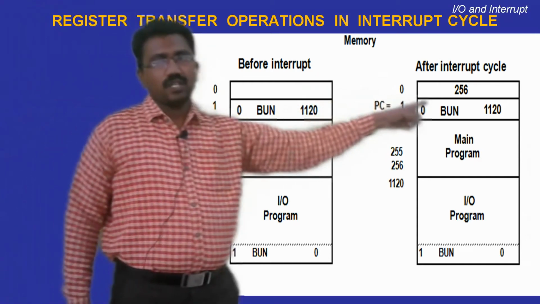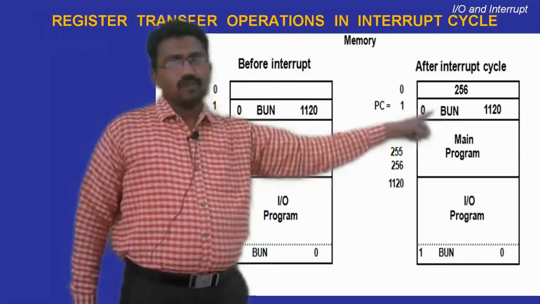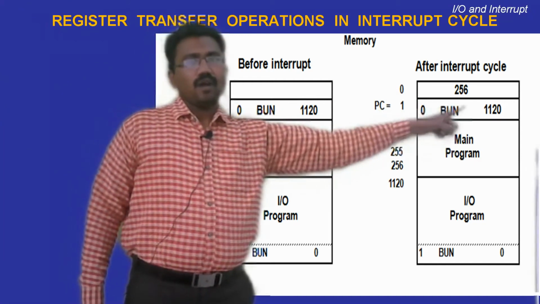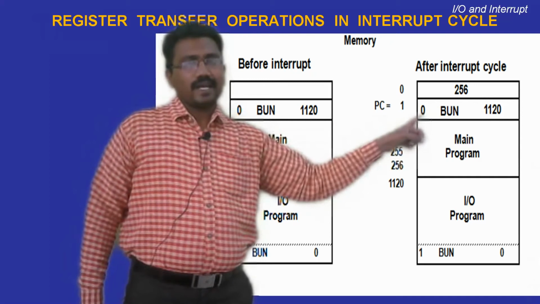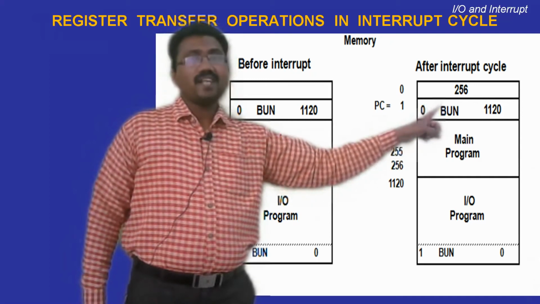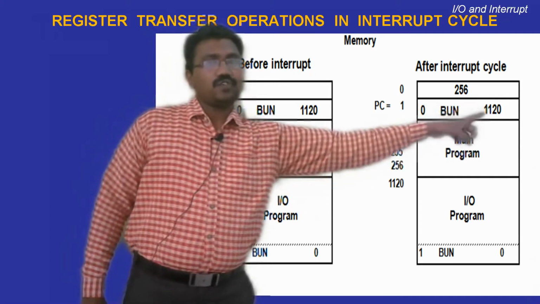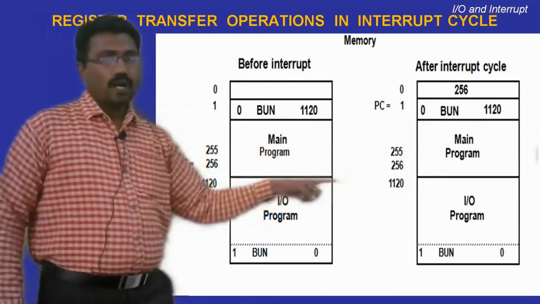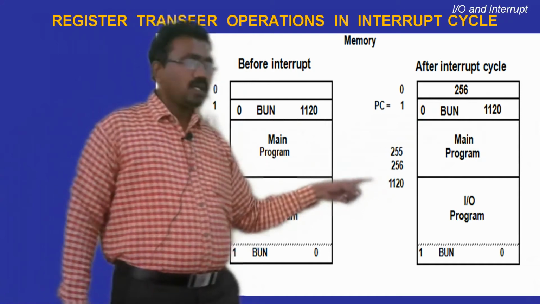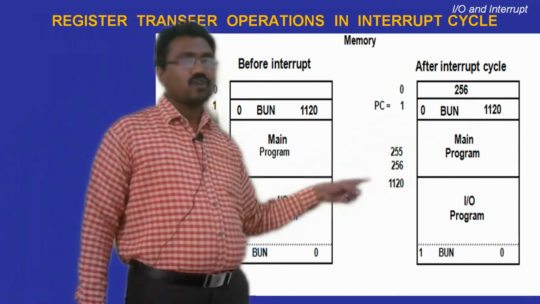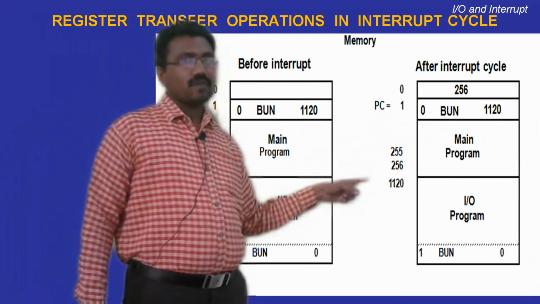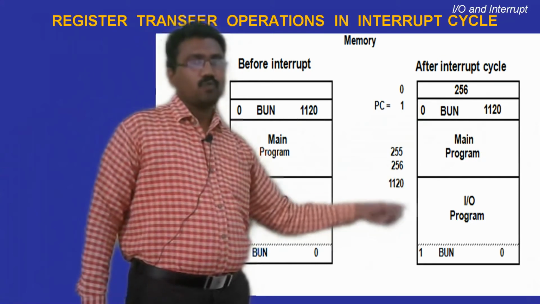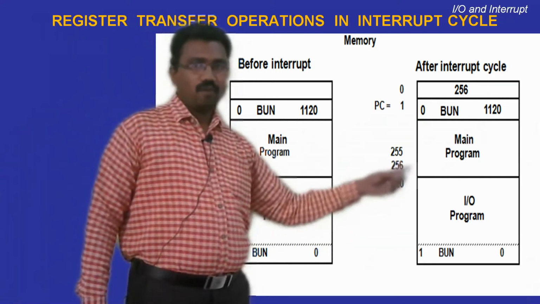What is the instruction at address 1? 0 BUN 1120. 0 is the direct addressing mode. BUN, branch unconditionally, means control goes to 1120. So 1120 is the starting address of the IO program, the program to handle the interrupt.